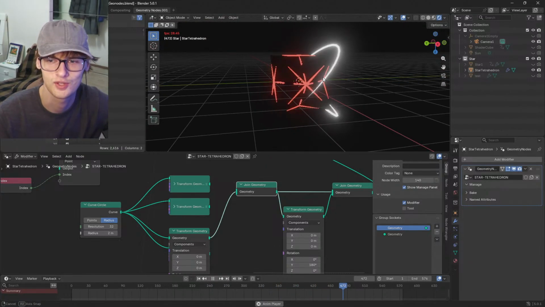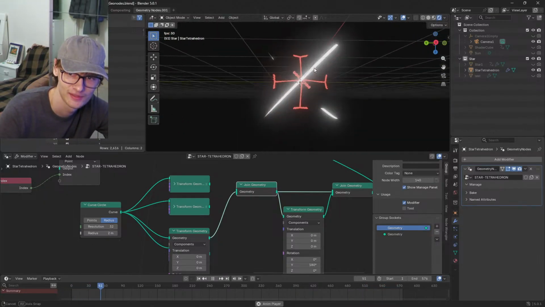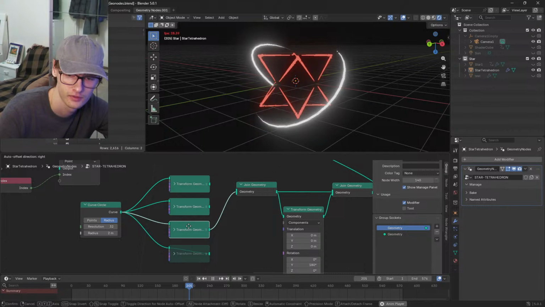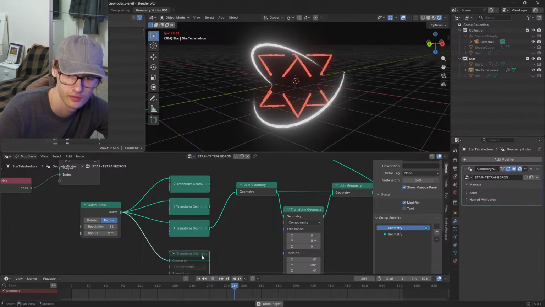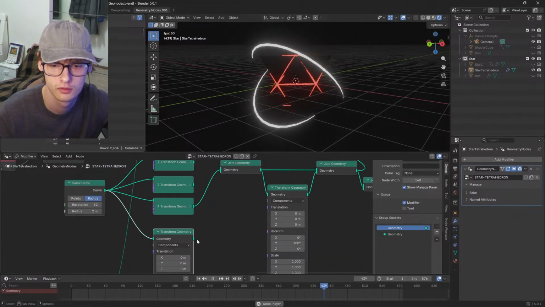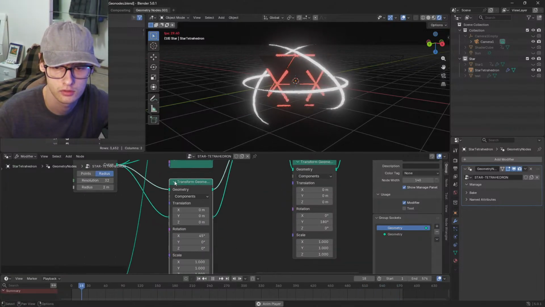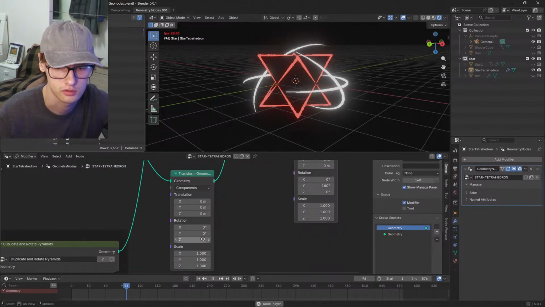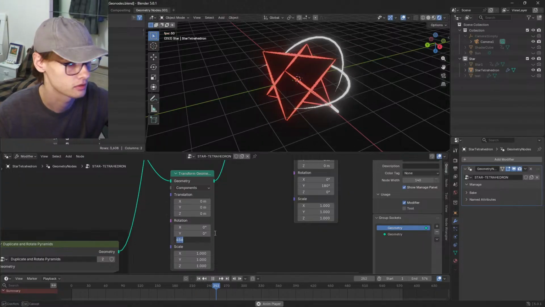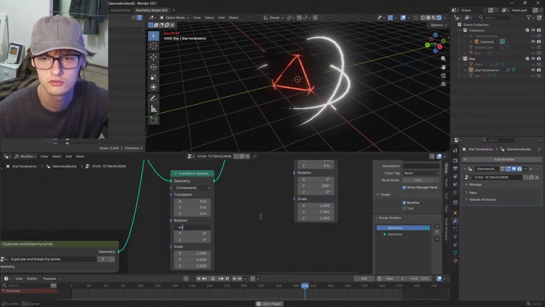Whoa. Okay, that's pretty mesmerizing. That's cool. What happens if I make the rotation on this? No, that didn't make any sense. Negative 45?